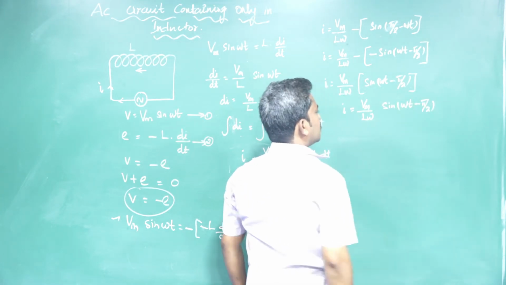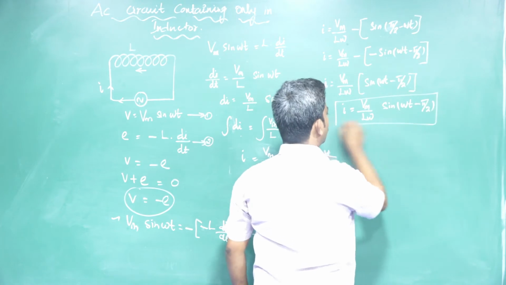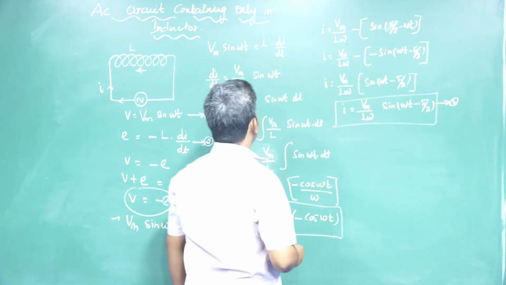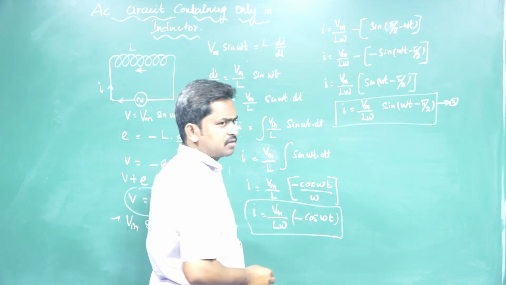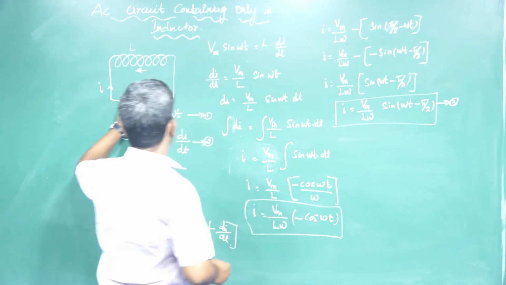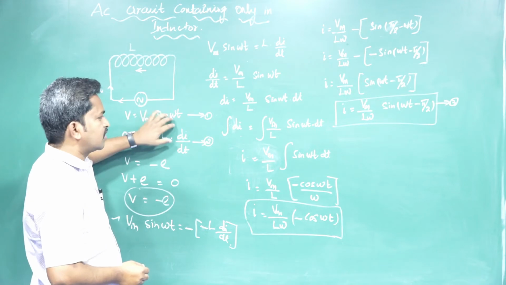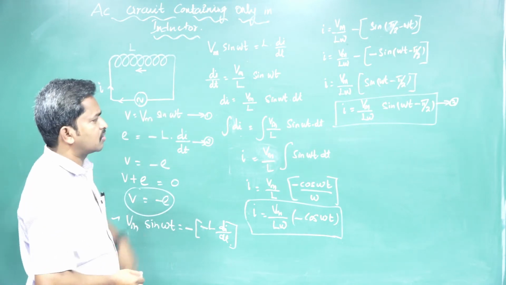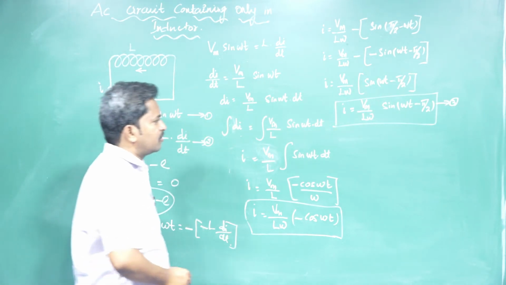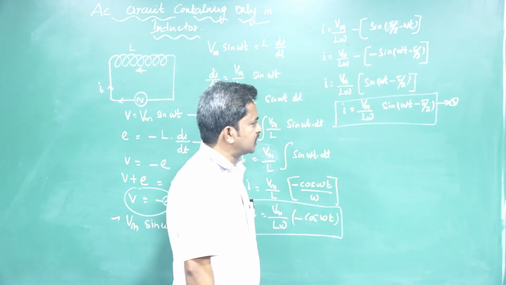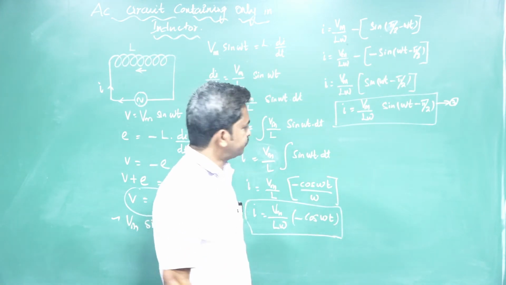This is the equation of current from the applied source. The applied source is the applied voltage V is equal to Vm sin omega t, and the current equation is Vm divided by L omega into sin omega t minus pi by 2. This is the equation.